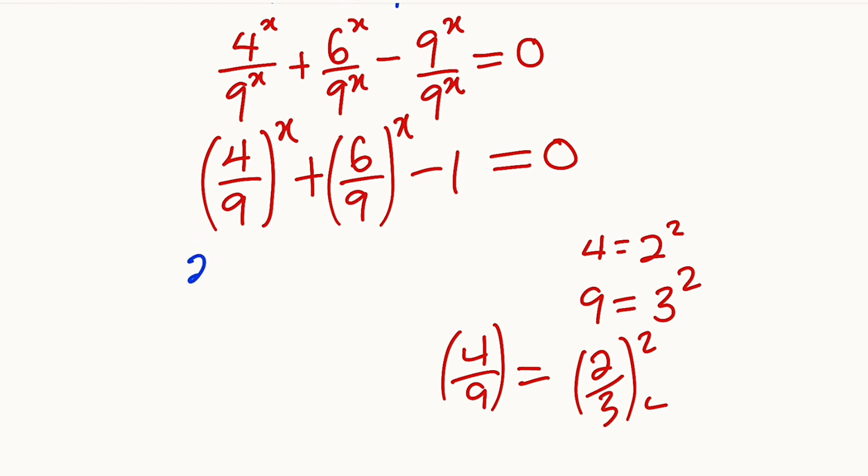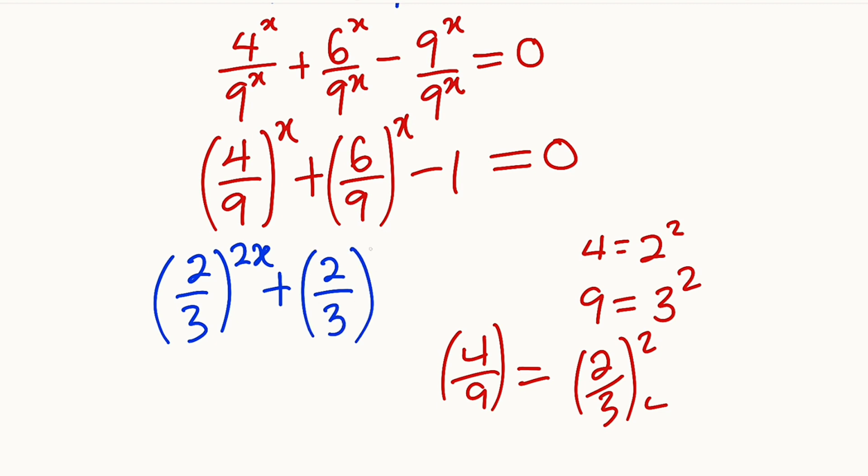So we have 2 over 3 all to the power of 2, but that 2 will have to multiply the initial power x. So we have 2x plus, both numerator and denominator here can be divided by 3. So 6 divided by 3 is equal to 2 and 9 divided by 3 is equal to 3, all to the power of x, minus 1, and to the right we have 0.